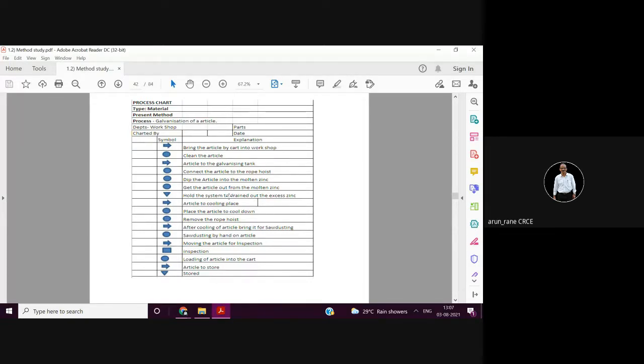I'll give an example. Suppose you are loading a component on a chuck, on a CNC lathe, and you are doing some turning operation, drilling and boring. So the customer is paying for the turning operation, for the drilling operation, and for the boring operation. But this is not the only activity. What are the other activities?